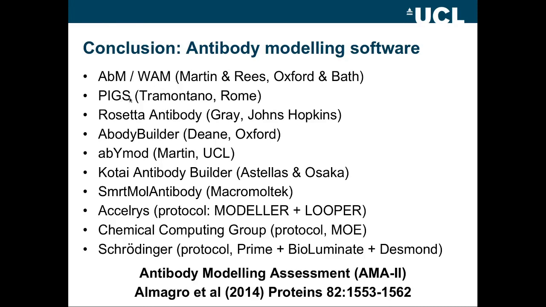Other programs include PIGS from Anna Tramontano's group in Rome, Rosetta Antibody, which uses a rather different sort of approach. PIGS and ABM and our Abimod, which is our new antibody modelling software, are all relatively similar in their approaches and similar to what I've described. Rosetta Antibody is rather more complex.